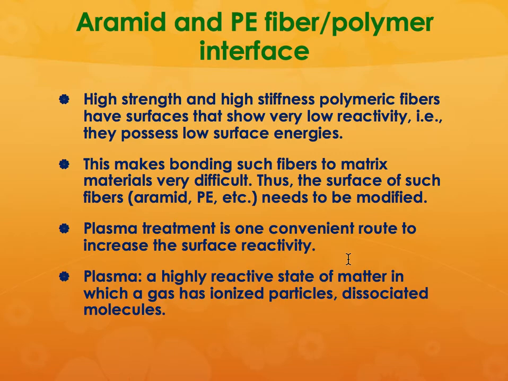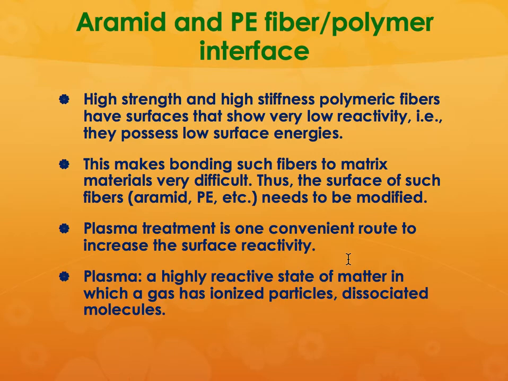Plasma is a reactive gas, and that gas will go and etch away some parts of the fiber surface, creating a very rough surface, or some kind of ridges in it, and those ridges can cause the matrix to go inside and bond with that and still hold it together, to give it a stronger bond than if you didn't have any kind of interface at all.